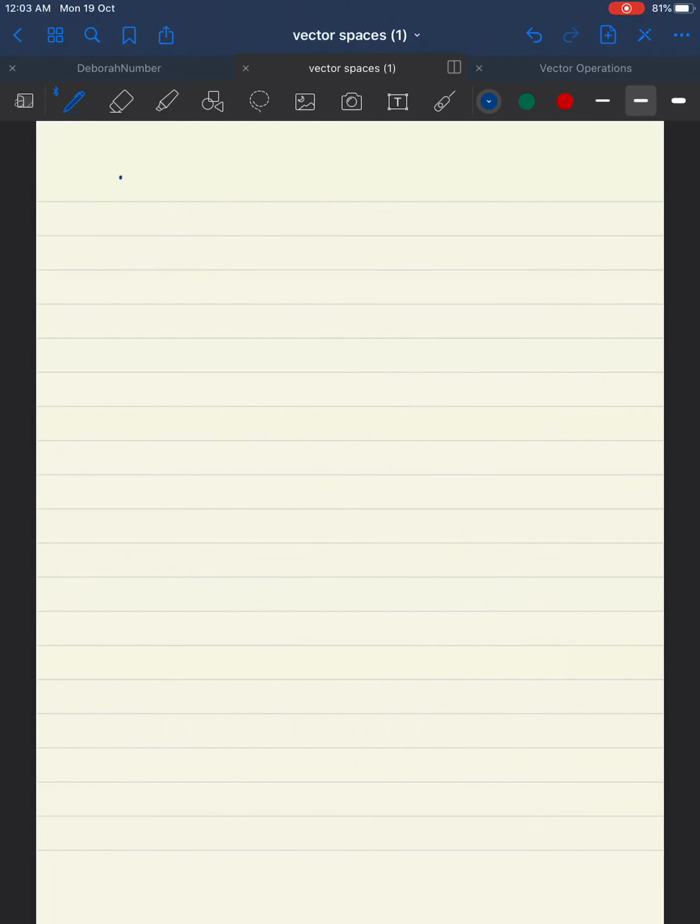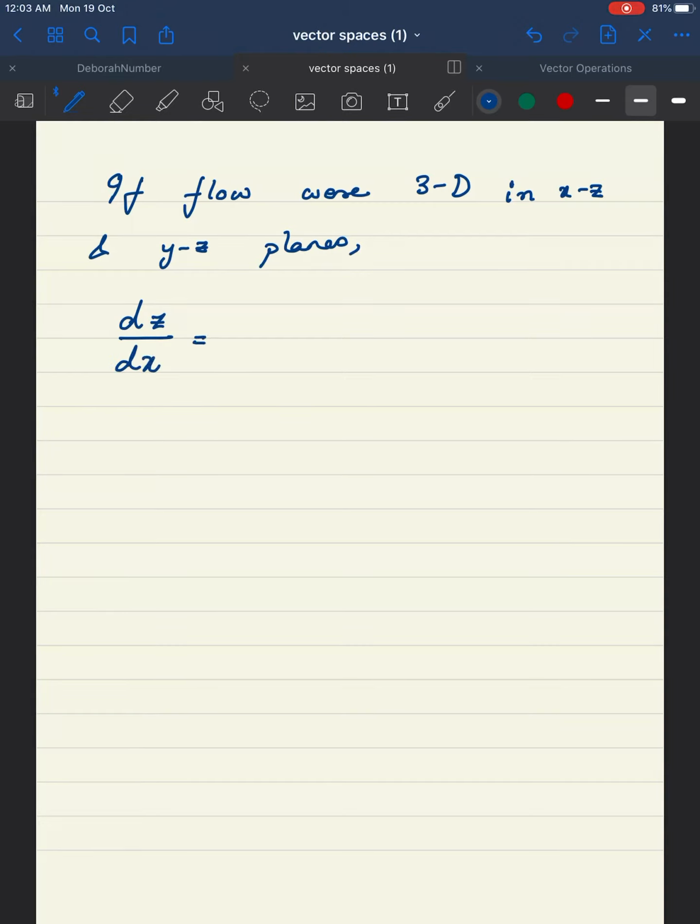If the flow were three-dimensional, if flow were 3D, then you would have flow in the xy, so in xz and yz plane, you still have this relationship, and dz by dy equal to uz by uy, which means, so in a more generalized case, you have these three different equations, right?